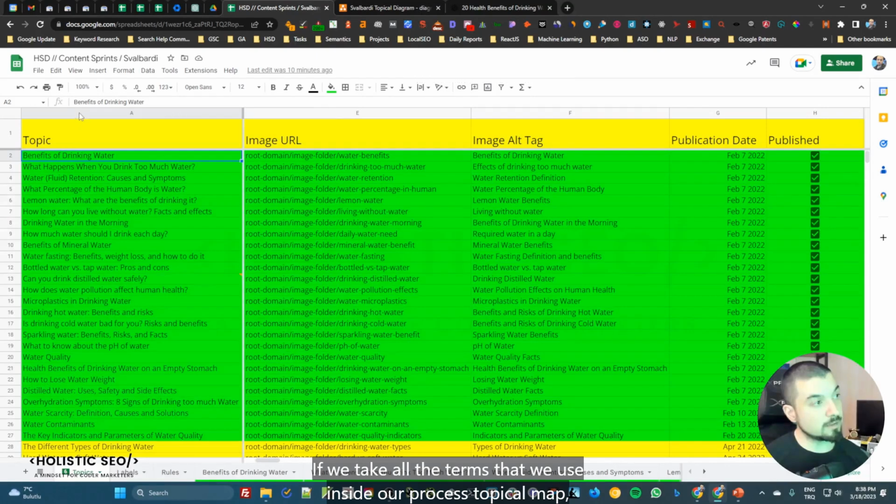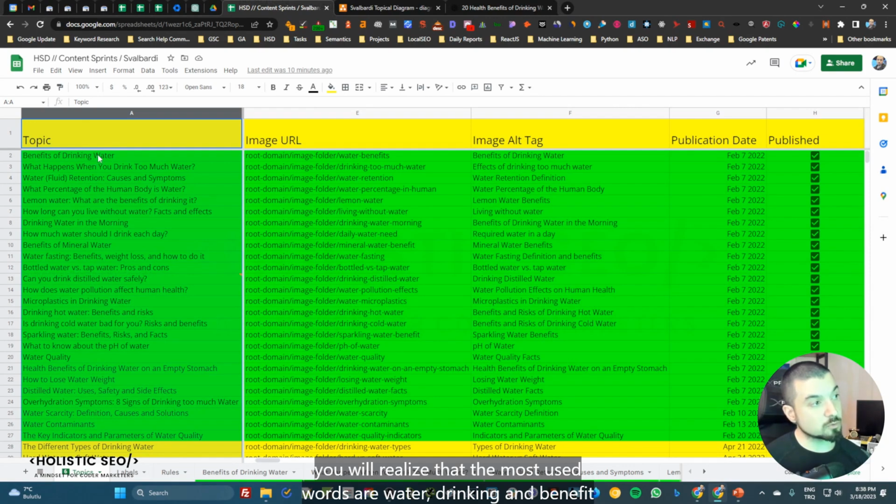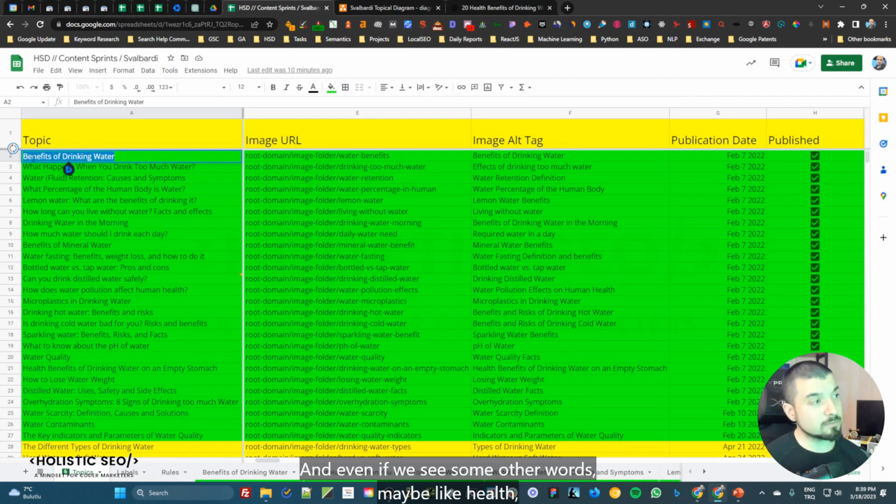If we take all the terms that we use inside our topical map, you will realize that the most used words are water, drinking, and benefit, because this is our main context. And even if we see some other words, maybe like health, causal symptoms, pros and cons, all of them will again be connected to one of these things: water, or drinking water, or drinking a certain type of water in the morning or while something else is happening.